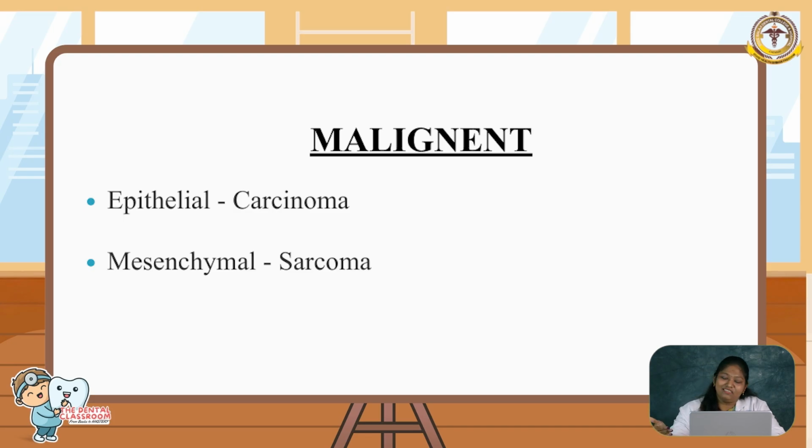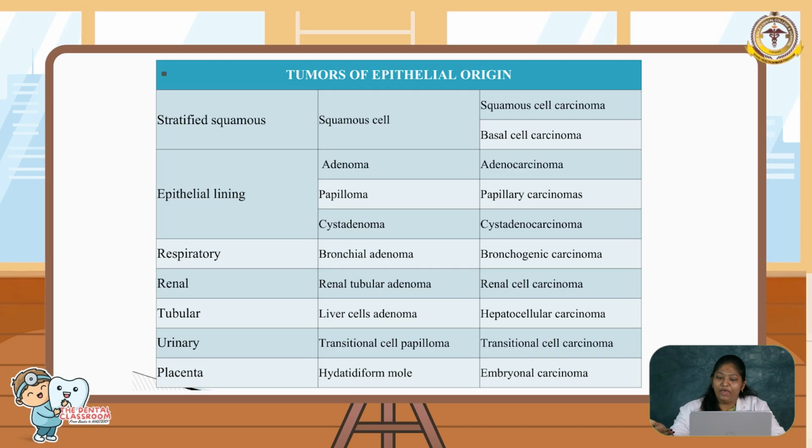The mesenchymal cells, where the soft tissues, bones, all these arise, if I have a tumor from these cells, it is called sarcoma. I am putting a few examples. As benign, for example fibroma. When it is malignant, it is called fibrosarcoma because it is mesenchymal in origin.